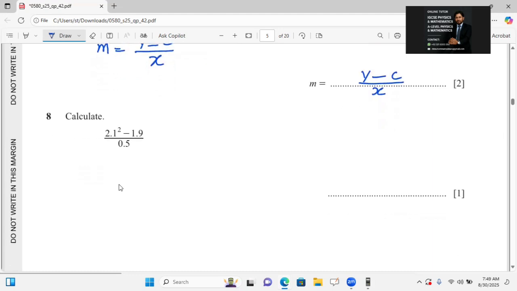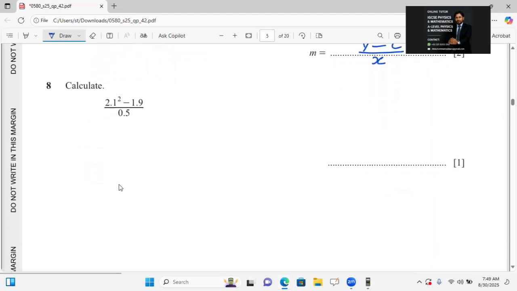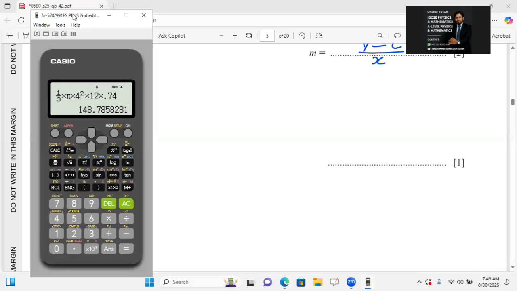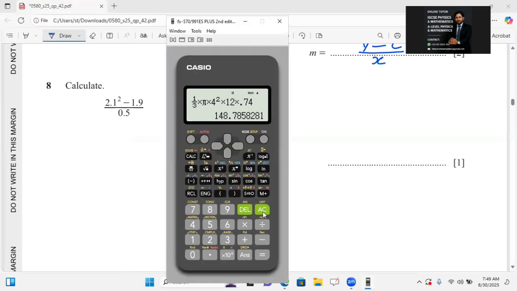After that, now he is saying calculate this. Okay, we can simply use the calculator for doing this.